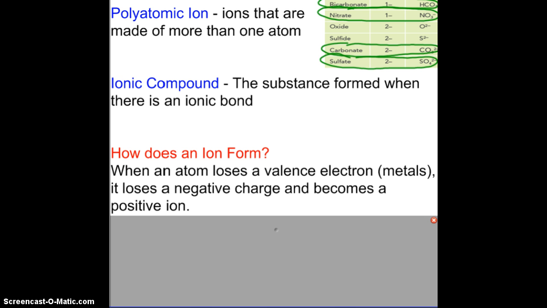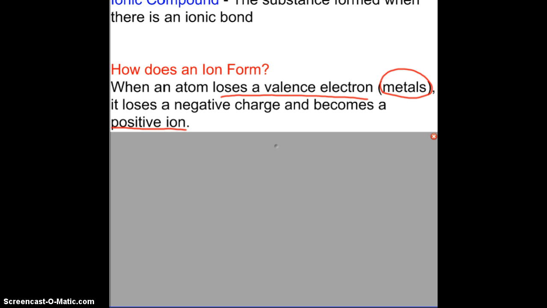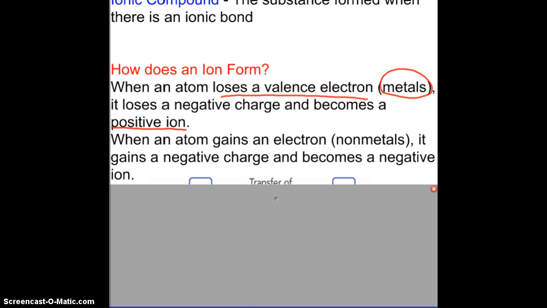Whenever you lose a valence electron, and metals like to do that. Like we said earlier, if you lose electrons, you will become more positive in your nature. It's kind of the opposite, right? If you like to gain, you're obviously a non-metal.